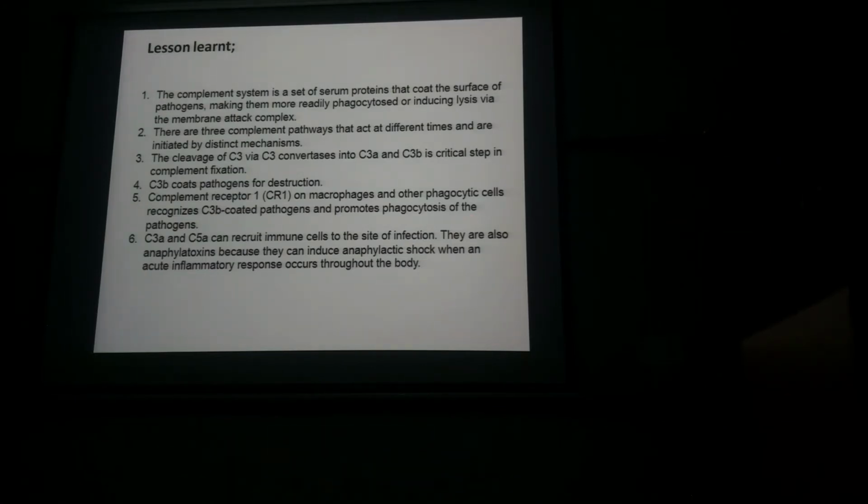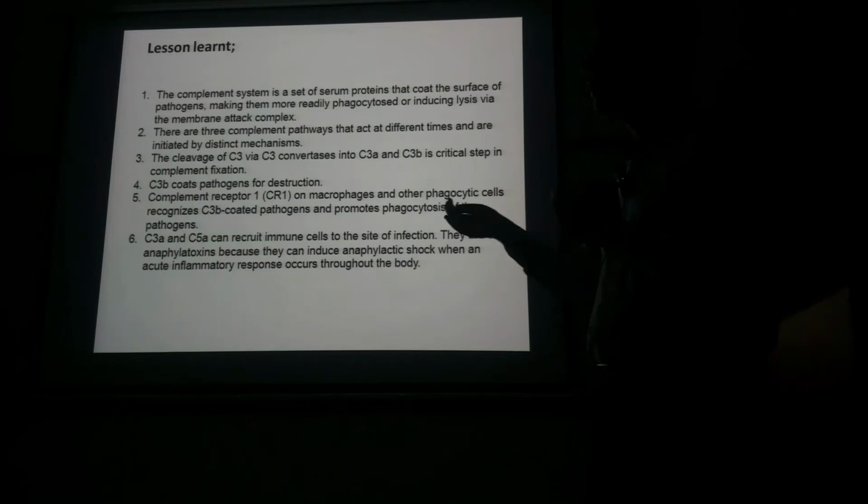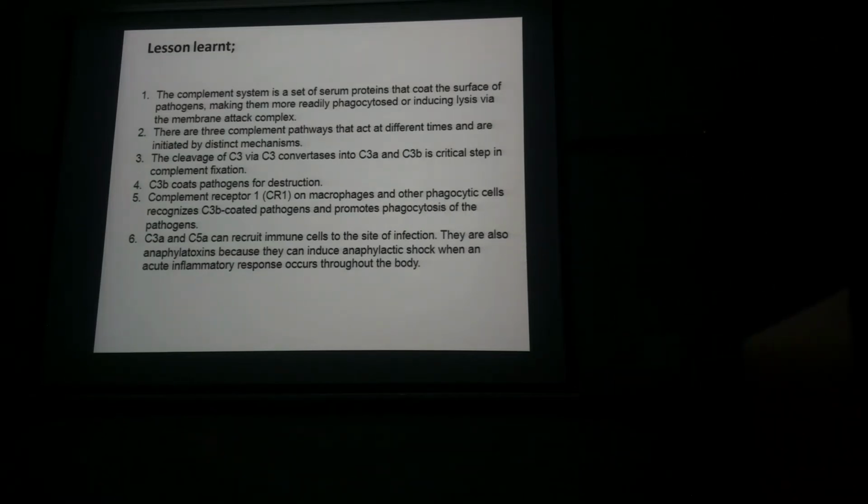We also have discussed this particular part. But CR1 is not the only receptor on macrophages for identification of pathogens. We also have discussed these factors.